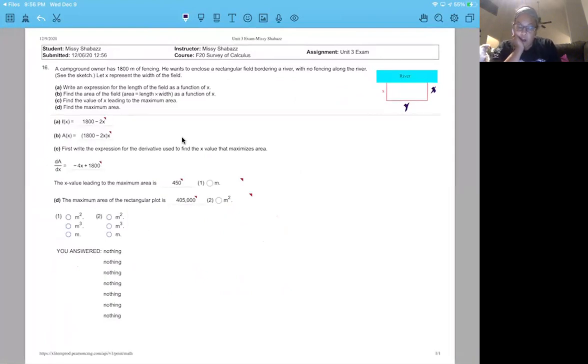So I'm going to come up with a primary function. All right, so my area is what I'm trying to maximize. So my area is going to be X times Y. That's my primary function.